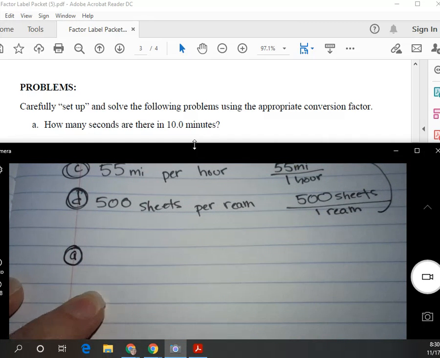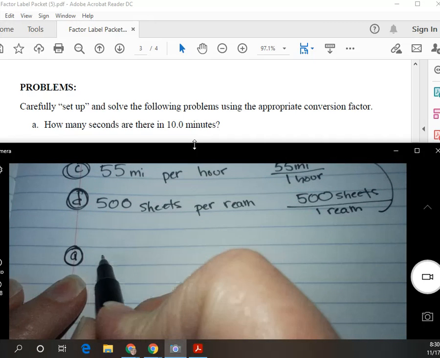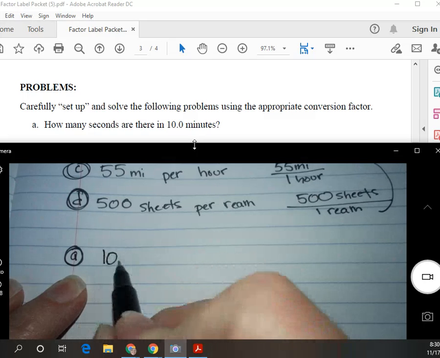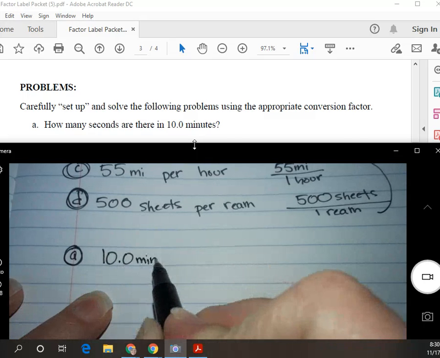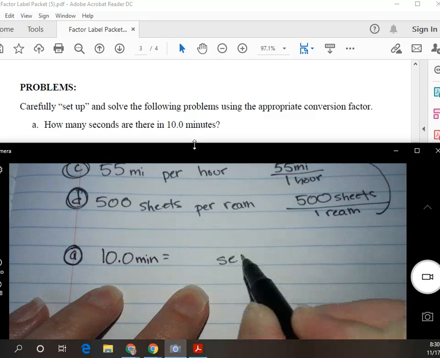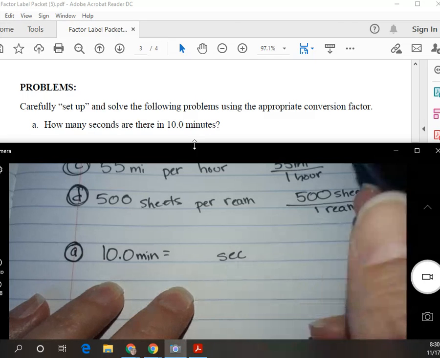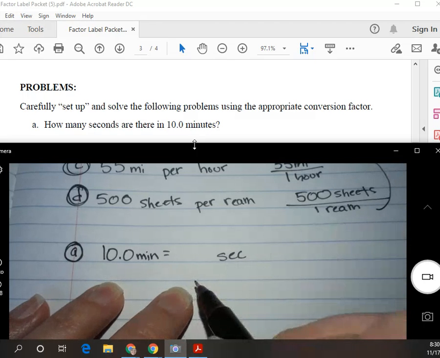If I have how many seconds are there in 10 minutes, I'm going to start with 10 minutes. I'm going to write down my problem. And what I want to find out is how many seconds. So I think to myself, what is my conversion factor that I'm going to use?